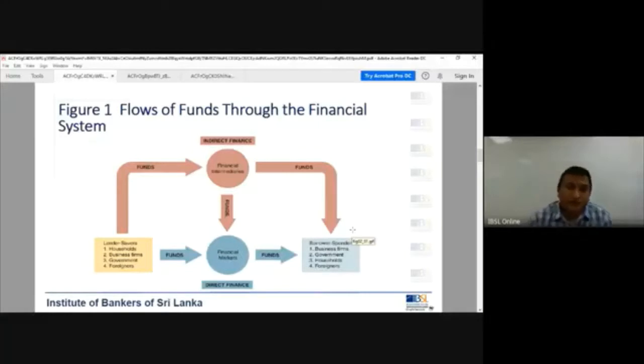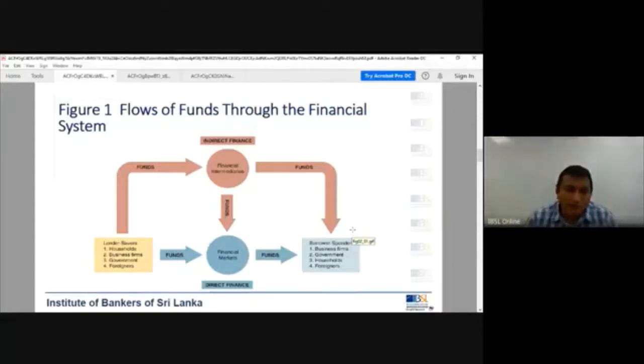So the financial markets are in the middle. So through financial markets, they channel their assets directly to these parties, directly. The borrowers design financial assets and offer them for investment in the financial markets. The government, businesses often do. They issue bonds, they issue bills, they sell assets, all kinds of things.